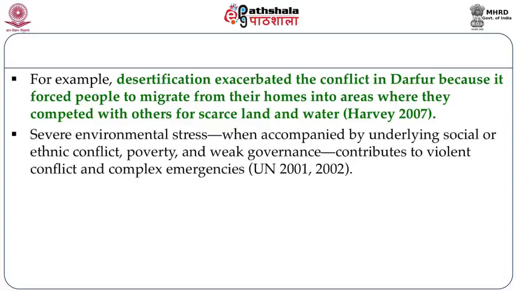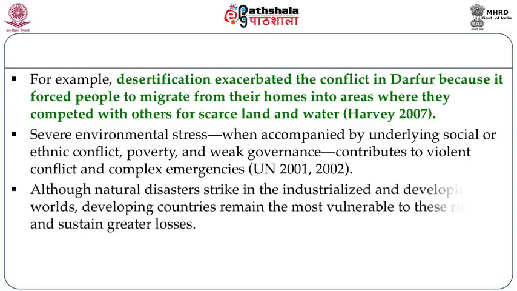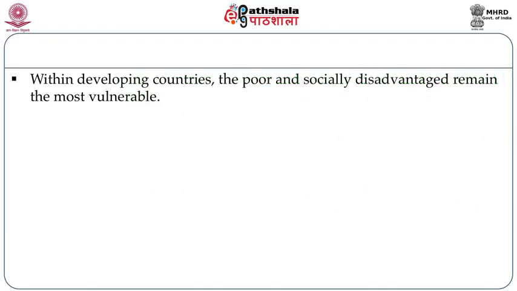Now, severe environment stress, when accompanied by underlying social or ethnic conflict, poverty and weak governance, contributes to violent conflict and complex emergencies. Although natural disasters strike in industrialized and developed countries, developing countries remain the most vulnerable to these risks and sustain greater losses. Within developing countries, the poor and socially disadvantaged groups remain the most vulnerable.